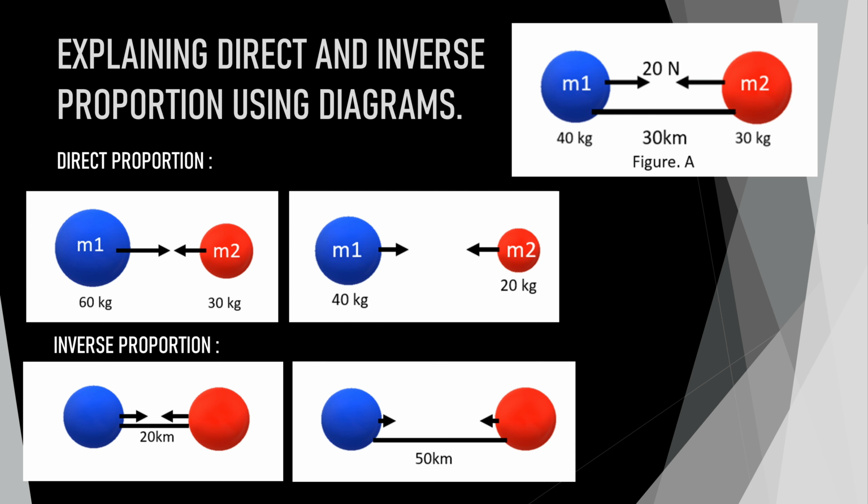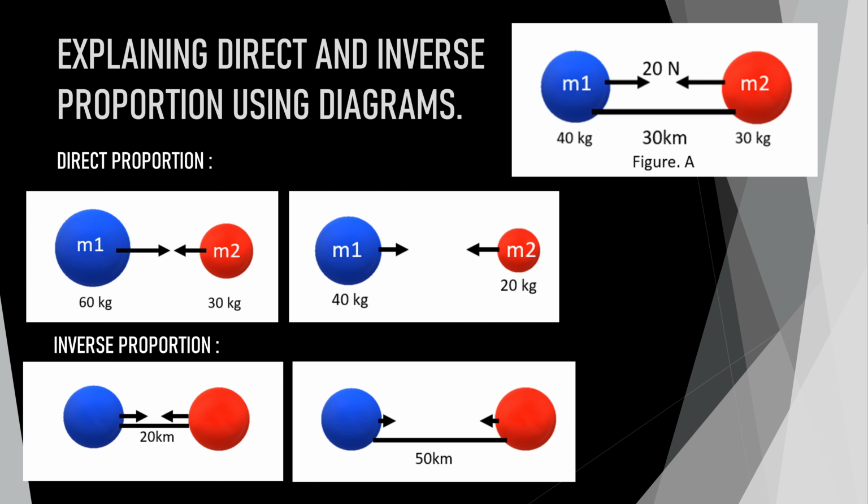As you can see in these pictures of direct proportion, they describe the definition correctly. The m1 increases in the first picture of direct proportion, and so does the force between the two objects. In the second picture, m2 decreases, and so does the force between them.